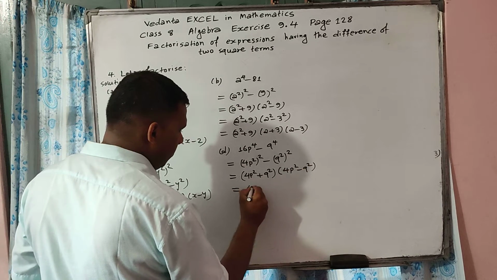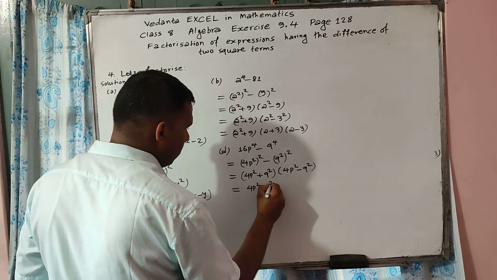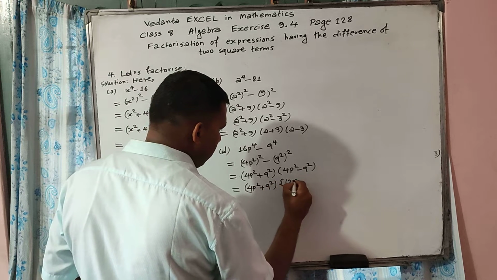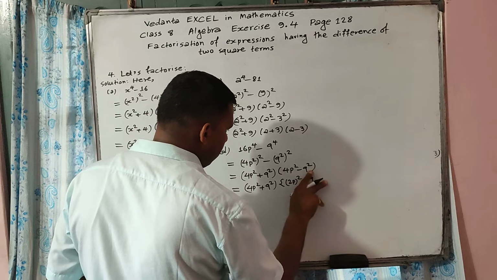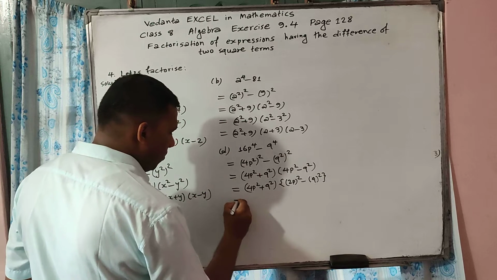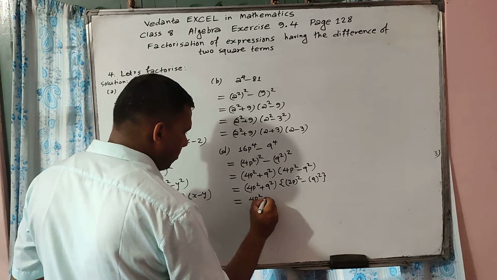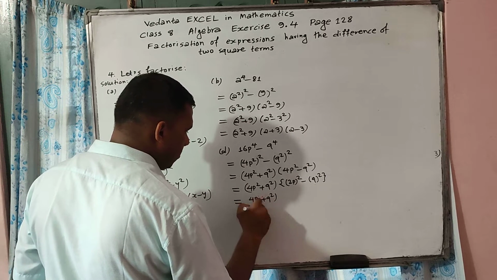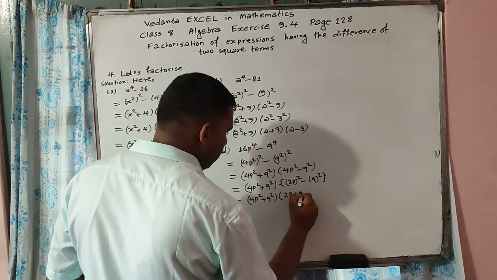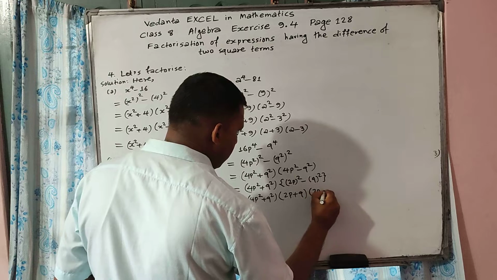This is equal to (4p square plus q square), that is (2p) whole square minus (q) whole square. Now this is equal to (4p square plus q square)(2p plus q) into (2p minus q).